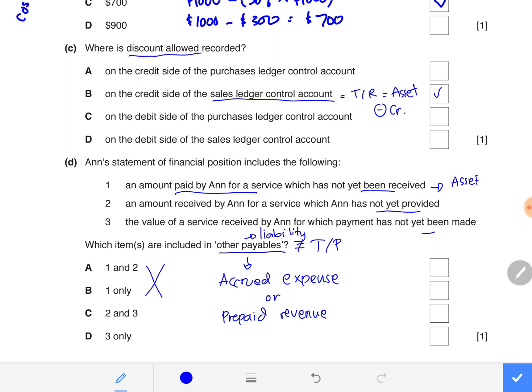So the best way is to check number 3 first, to save our time. The value of a service received by N for which payment has not yet been made. N received the service already, but the payment has not yet been made.